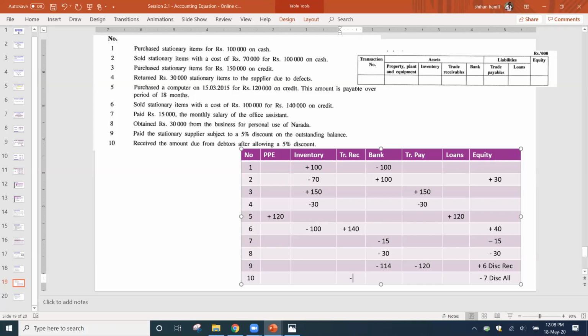And this amount will be deducted, 140, then cash received is only 133. Receiving 133 from trade debtor, 7,000 is discount.